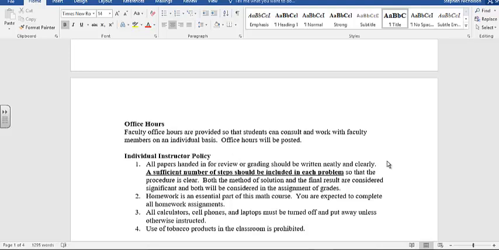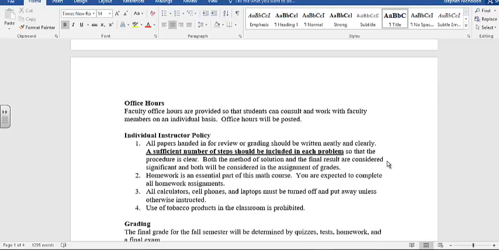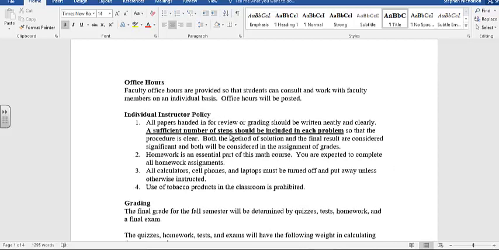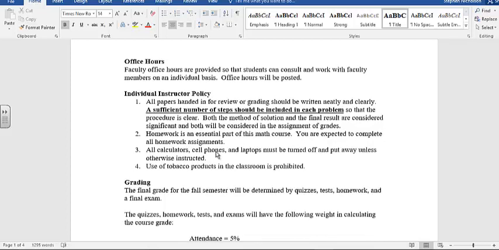20% of the grade is associated with homework. So for homework, you should show a sufficient number of steps to be included in each problem. And don't just put the answers down. You need to show some work. I will collect the homework.